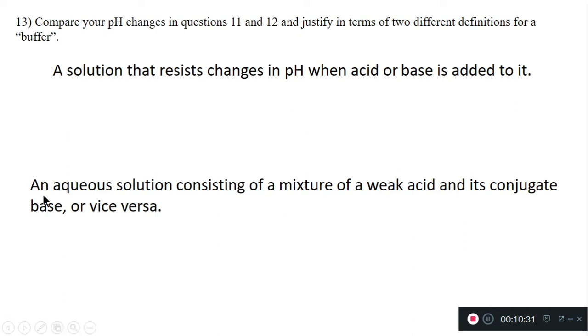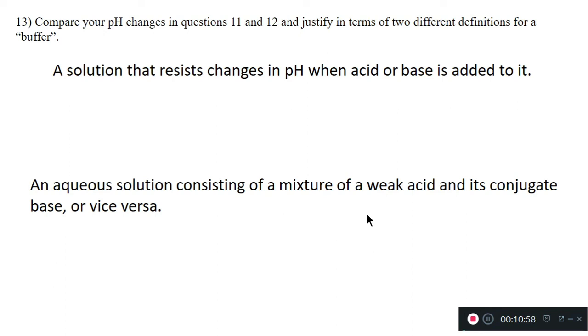Another definition of a buffer is it's an aqueous solution consisting of a mixture of a weak acid and its conjugate base, or vice versa, a weak base with its conjugate acid. Using this one, we saw that the reason why I need a weak acid and its conjugate base is that I have to be dealing with a system that's in equilibrium to be able to use the Henderson-Hasselbalch equation and to be able to use the fact that the Ka is going to interact with it.